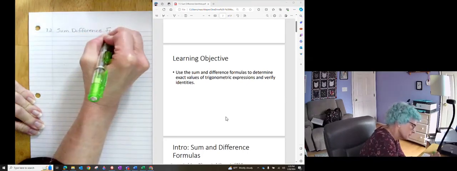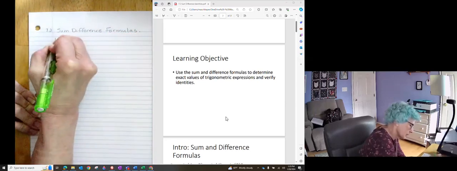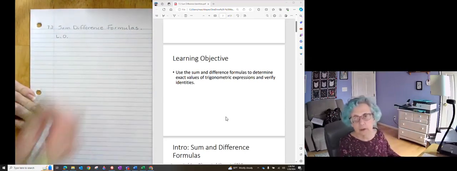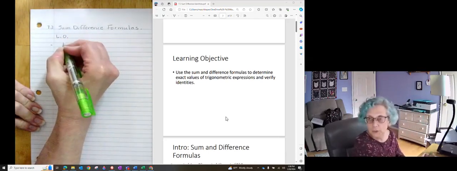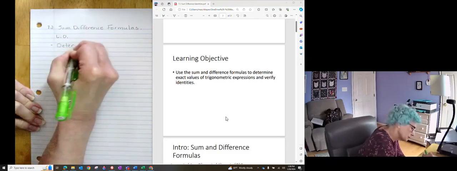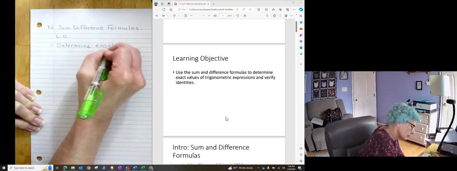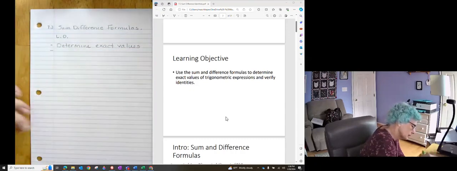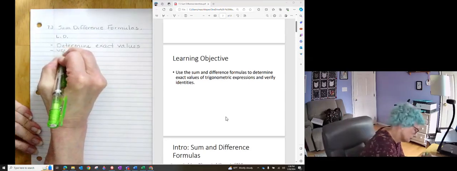And LO, I think by now you know, means learning objectives. We're going to determine exact values, and we're going to verify identities.